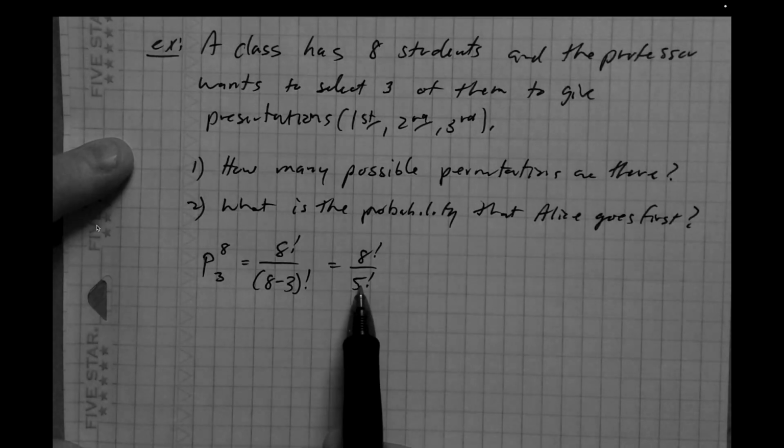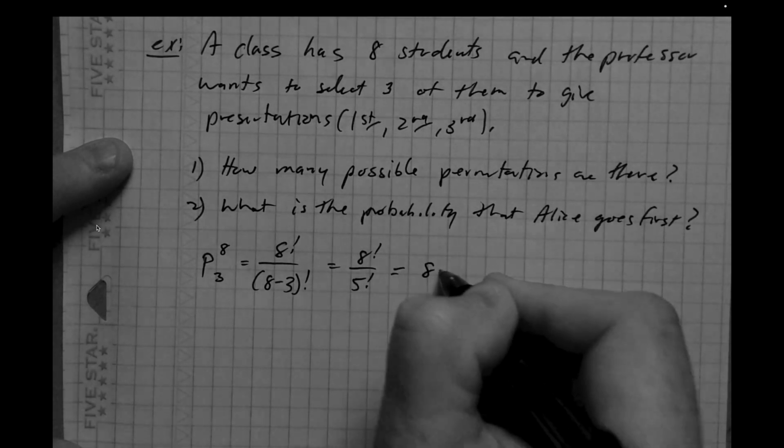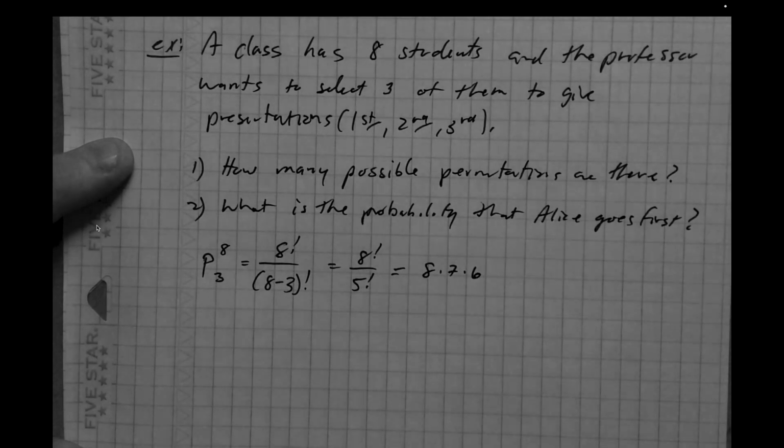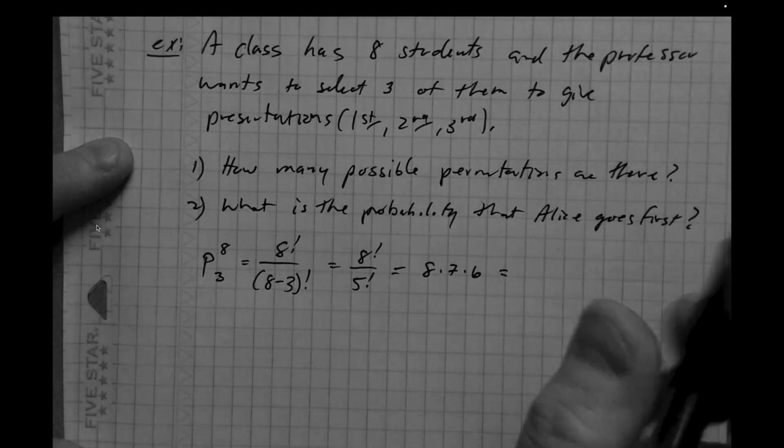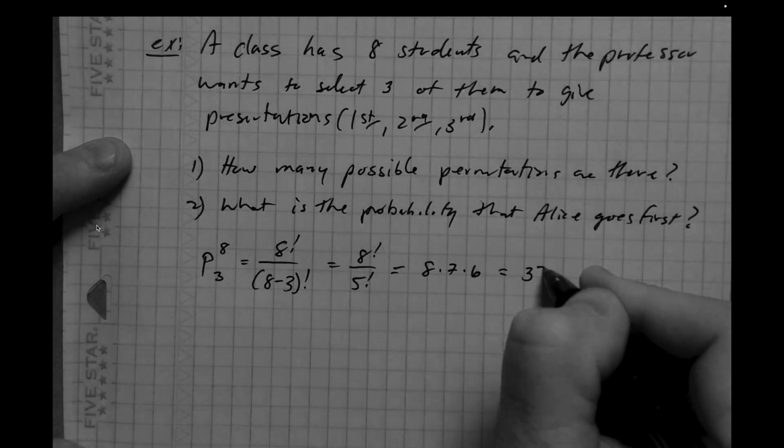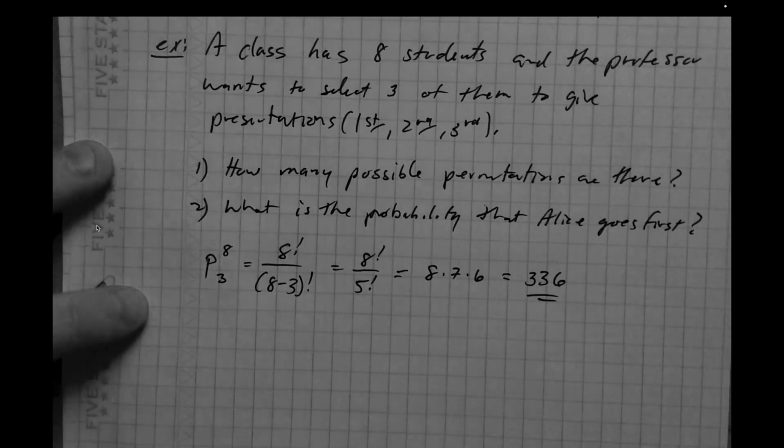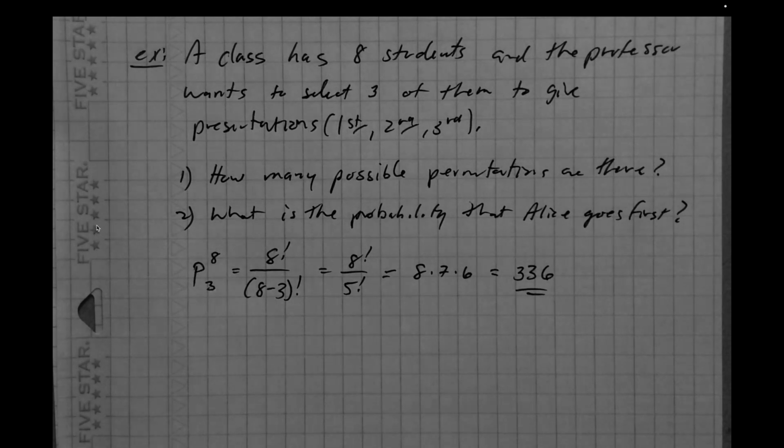And so I know that the 5, 4, 3, 2, and 1 will all cancel, and this is just equal to 8 times 7 times 6. And we can multiply that together, and we'll see that that's 336. Okay, so there's 336 different 3 perms just from 8 students.